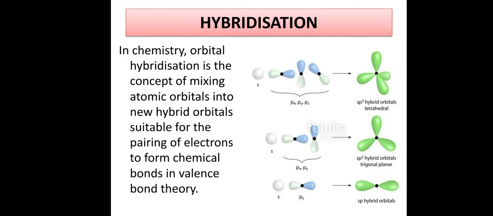Unlike pure orbitals, the hybrid orbitals are used in bond formation. The phenomenon is known as hybridization, which can be defined as the process of intermixing of orbitals of slightly different energies so as to redistribute their energies, resulting in the formation of a new set of orbitals of equivalent energies and shape.